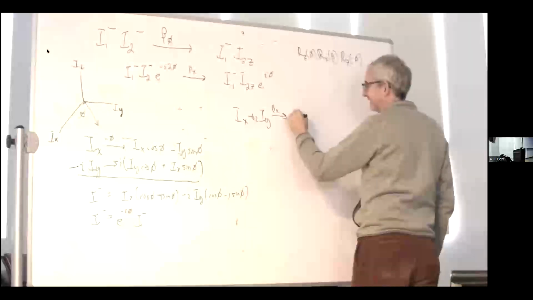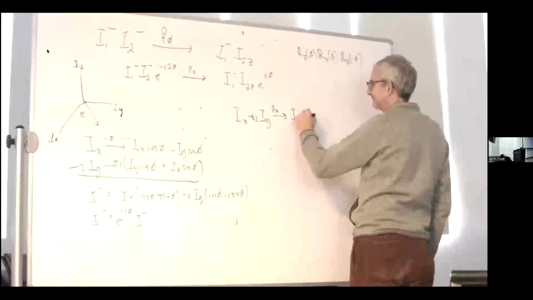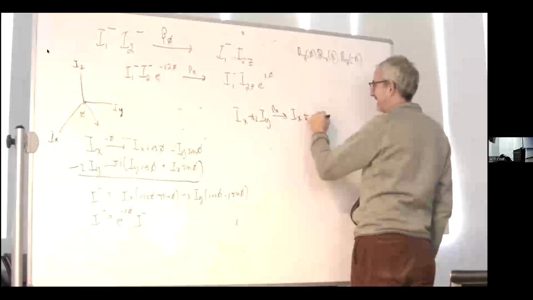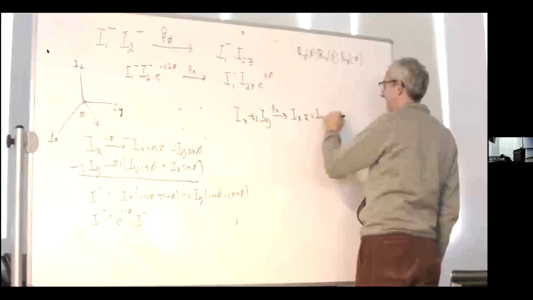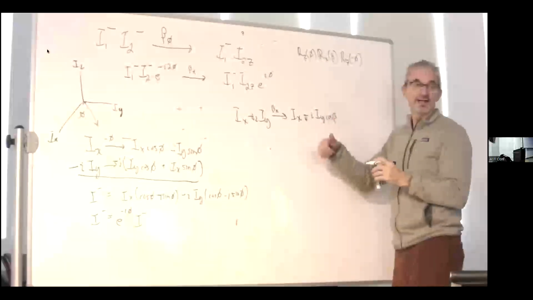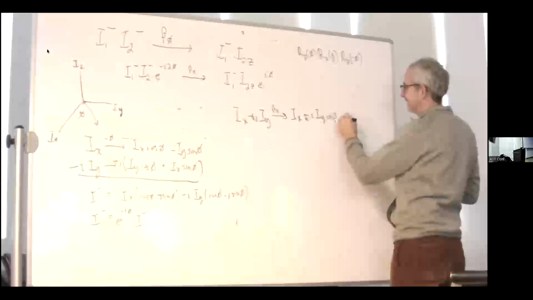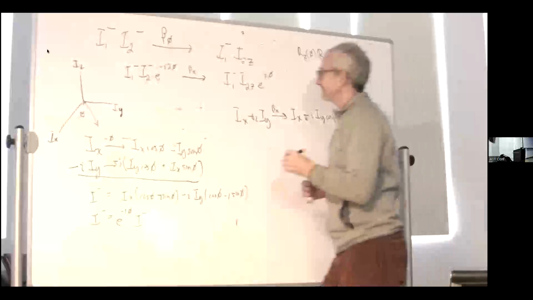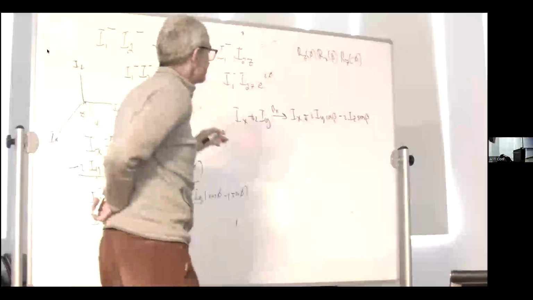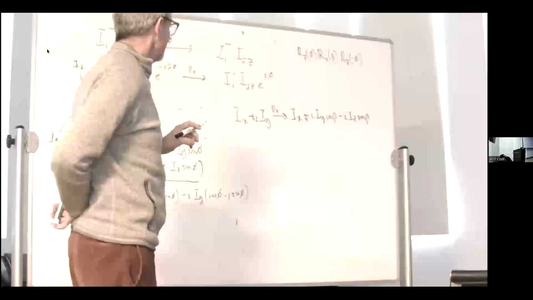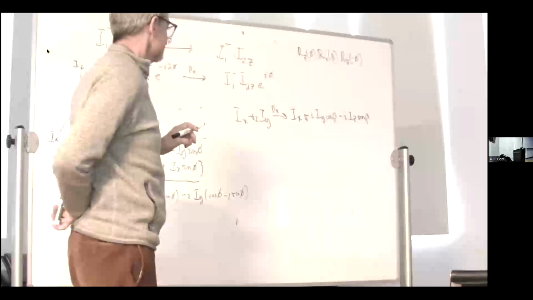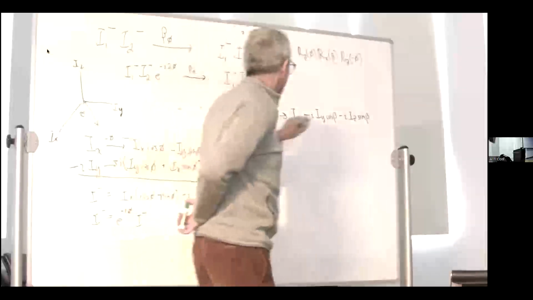Beta X is Ix, nothing happens. Minus i cosine beta. And then X takes Y to minus Z, so minus i Iz sine beta. So up here, that means minus Iy, so plus, plus, yeah.